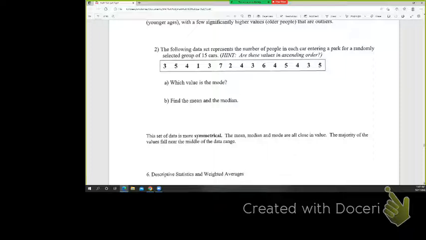We should find that in this case, it's symmetrical, that the mean, median, and mode should be close to one another. But go ahead and work through this one. Find your mode, your mean, and your median. Should we rewrite this in ascending order? I think it's easiest. It's worth the time, especially when it gets to the median.